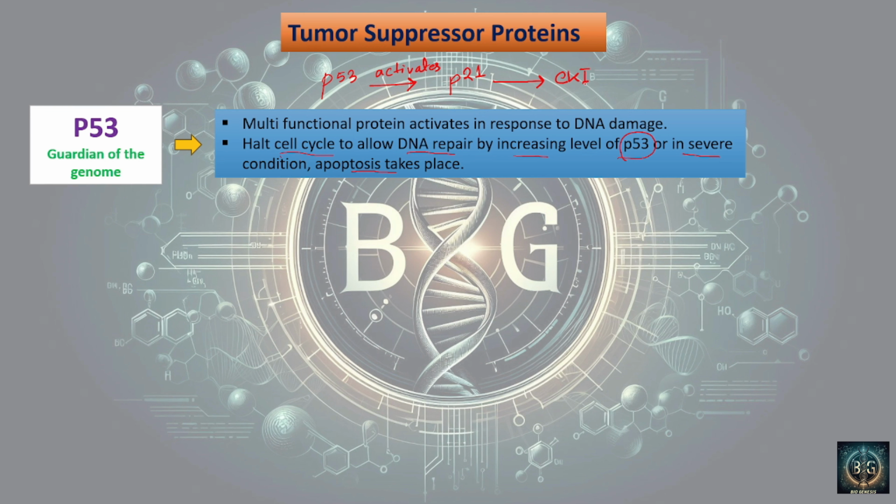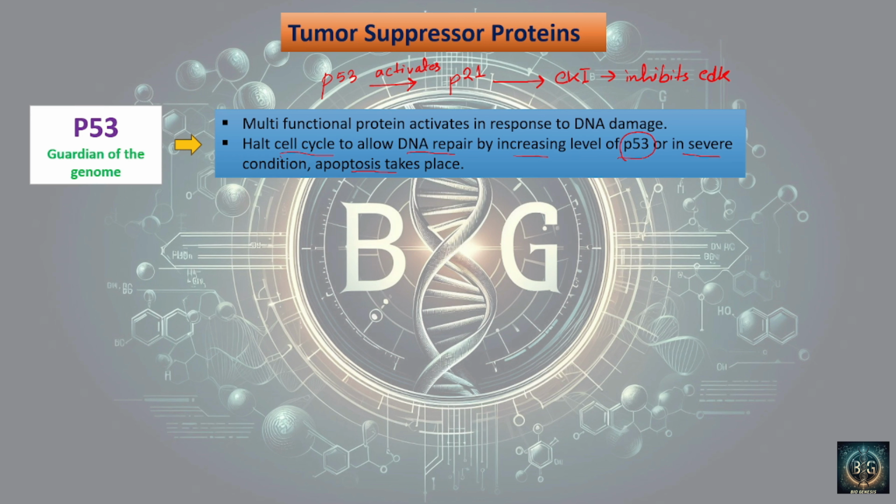So, cyclin dependent kinase inhibitor then inhibits CDK, cyclin dependent kinase activity, and blocks G1 to S transition. If in G1 phase there is any DNA damage in cell, then the cell needs to stop its cell cycle progression and it is allowed to repair the DNA damage.